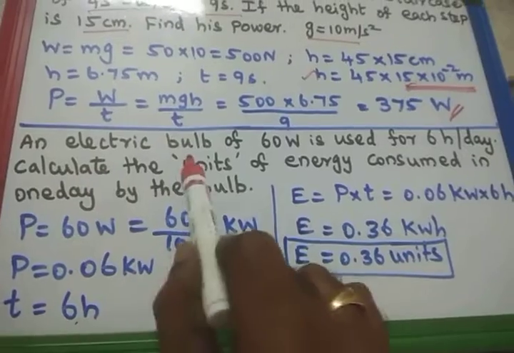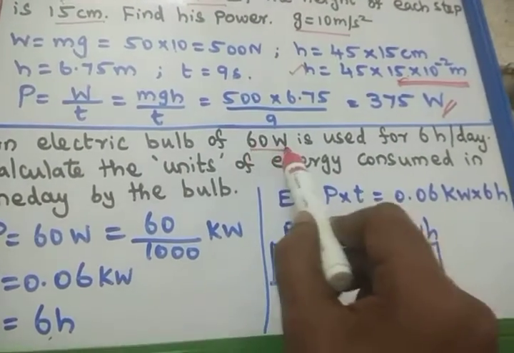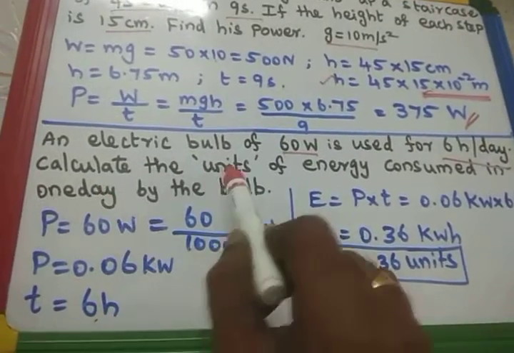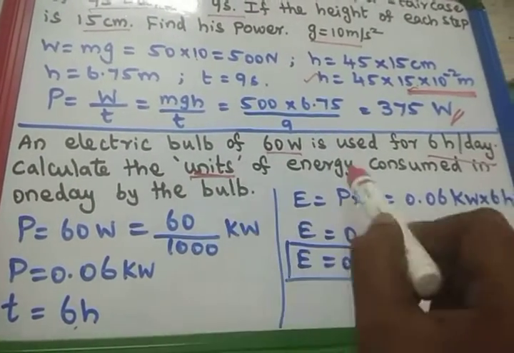Then, an electric bulb of 60 watt power is used for 6 hours per day. Calculate the units of energy consumed in 1 day by the bulb.